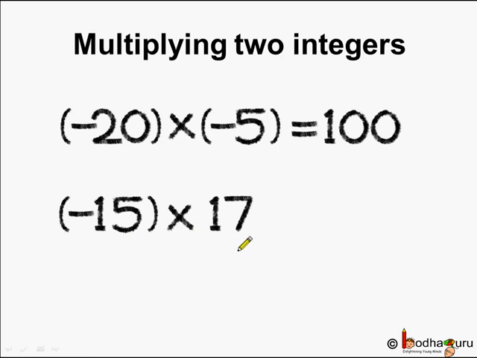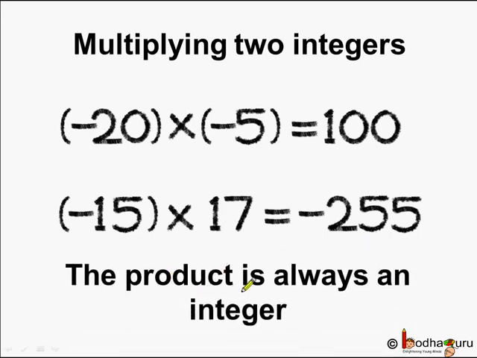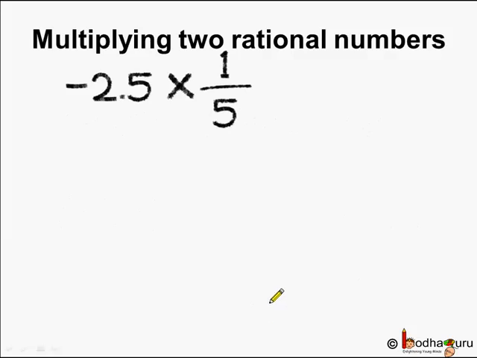Next we have minus 15 multiplied by 17. Here minus into plus becomes minus and hence the answer is minus 255. So the product is always an integer and we say that integers are closed under multiplication.